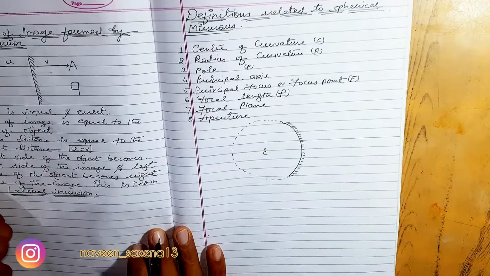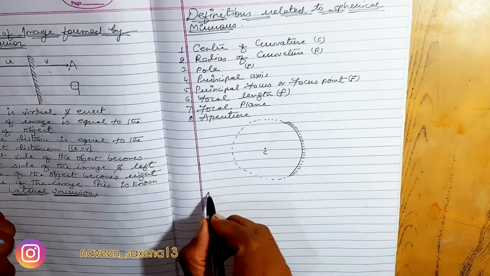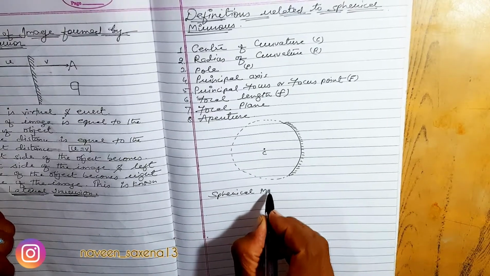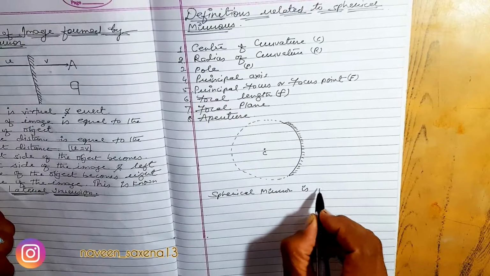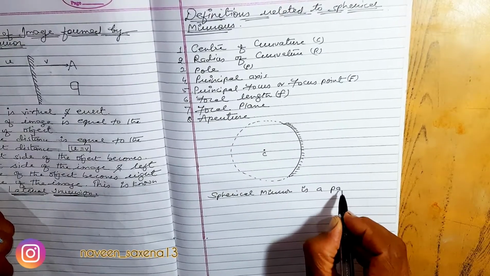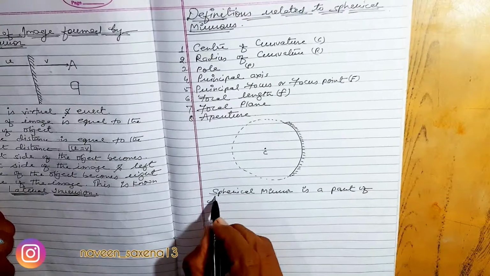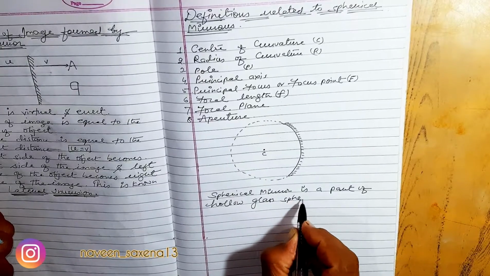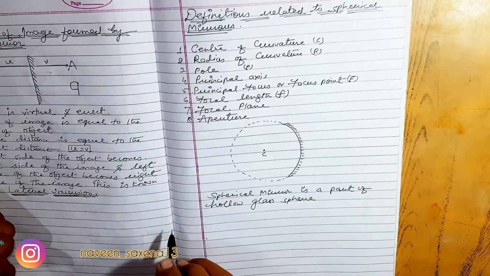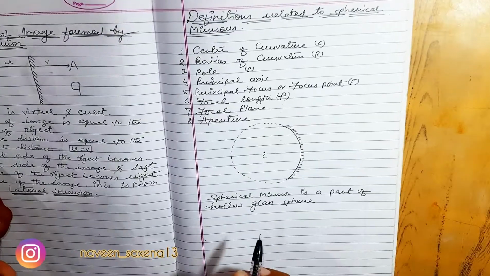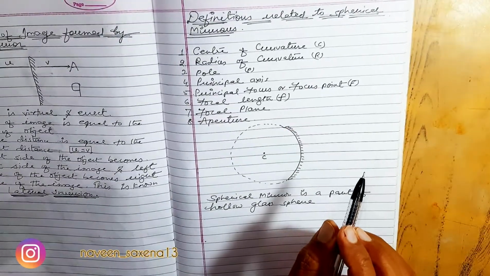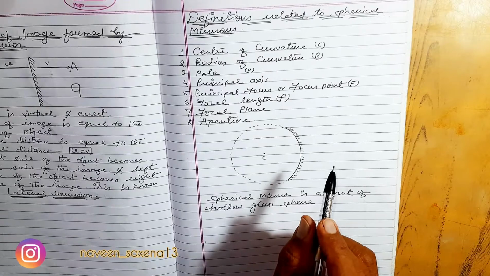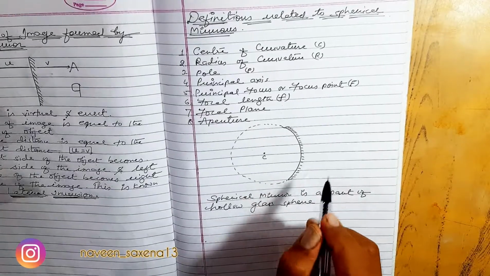So spherical mirror is a part of hollow glass sphere. Now, these definitions, center of curvature, radius of curvature, pole, principal axis, principal focus, focal length, focal plane, and aperture, are related to spherical mirror.